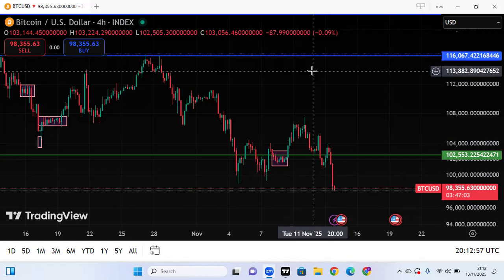Let me say in a $5,000 account, when we say you should risk 1%, 1% should be $50 on a $5,000 account. So it's just like you are risking $50 for a $5,000 account.